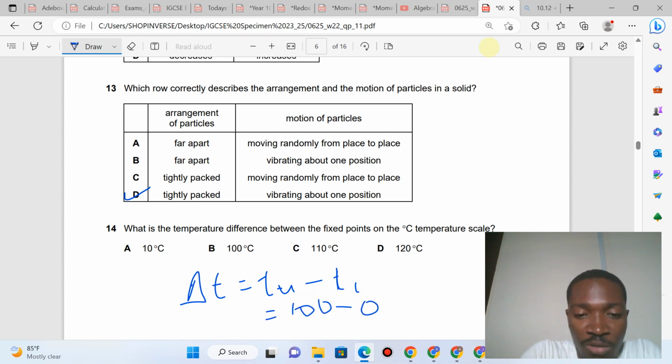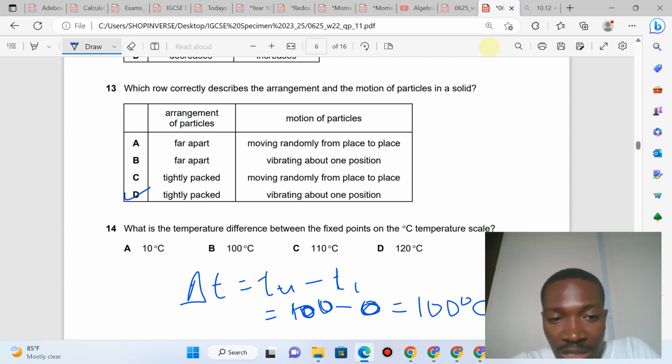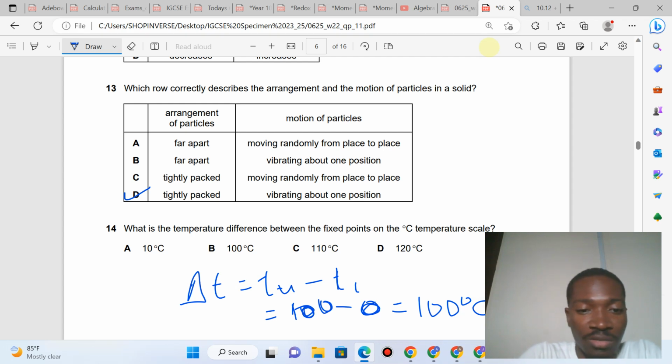Because the boiling point of water is 100 degrees Celsius and the freezing point of water is 0 degrees Celsius. 100 minus 0 will give us 100 degrees Celsius, and that is the temperature difference.